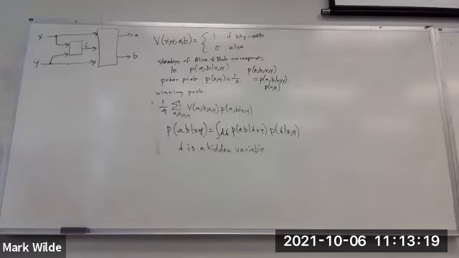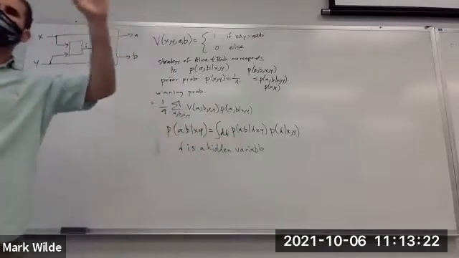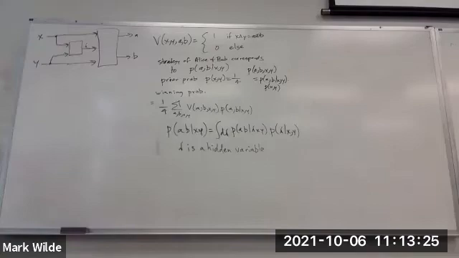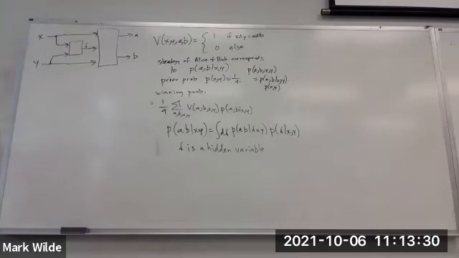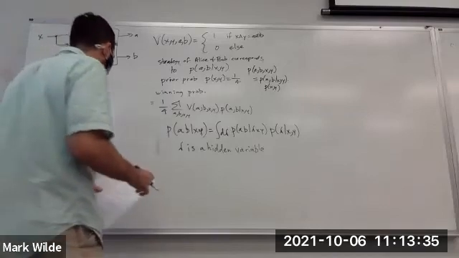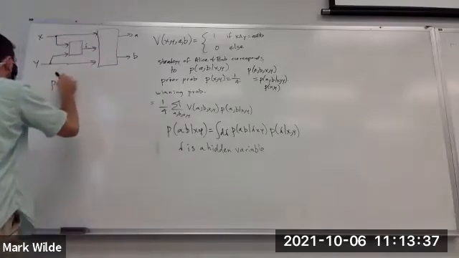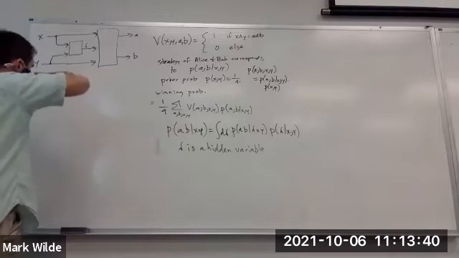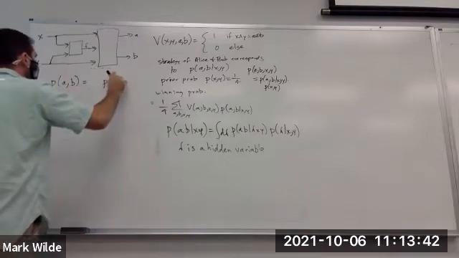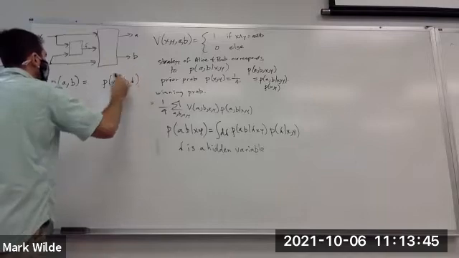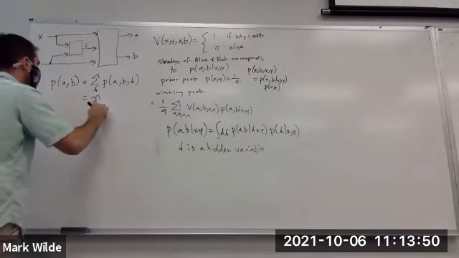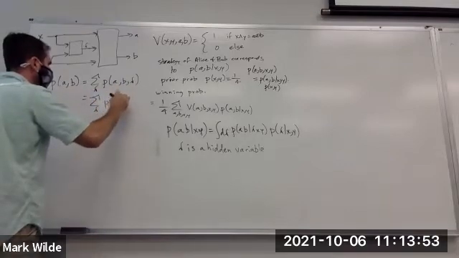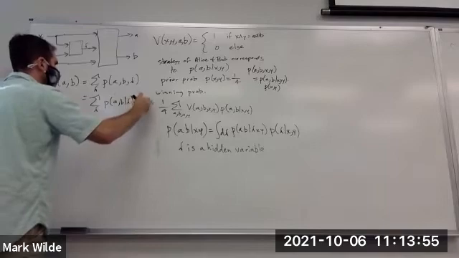Here I'm using a general mathematical statement: if there's some hidden variable, we get the original distribution by marginalizing over the hidden variable. If lambda were discrete, we would take the joint distribution and marginalize over lambda, and then you could factor this in terms of conditional probabilities like this.